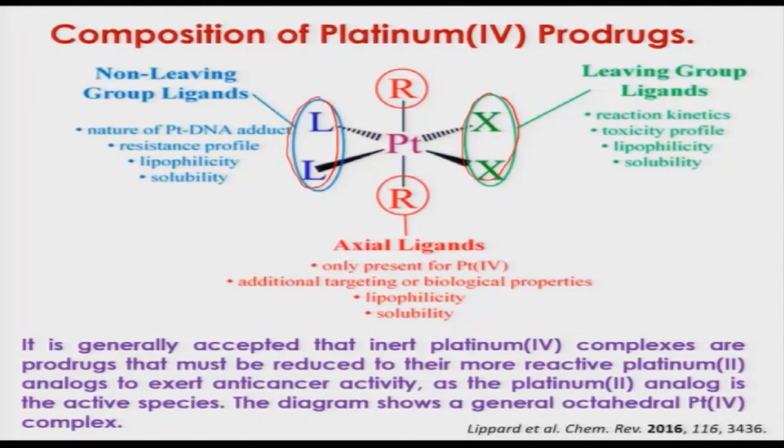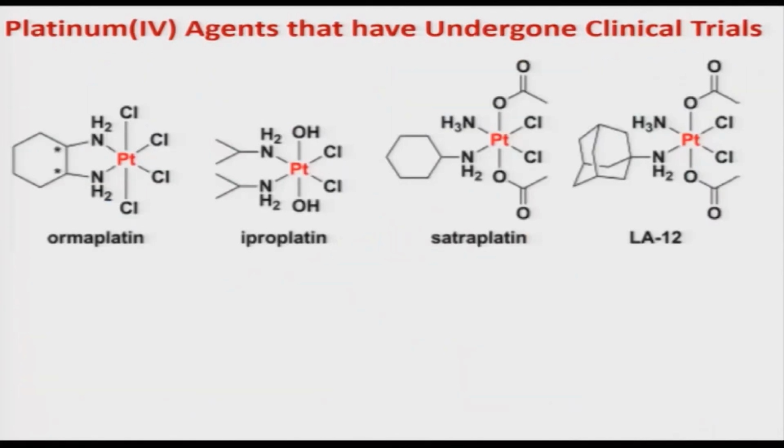If one can possibly use a platinum 4 prodrug, by that way one can reduce the toxicity, and indeed there are several such platinum 4 agents that are undergoing clinical trials at present, and you can see some of these structures shown here.